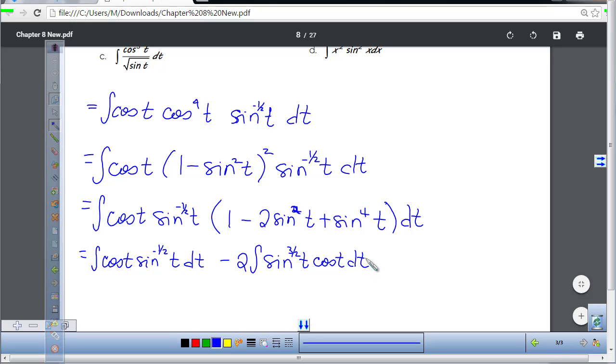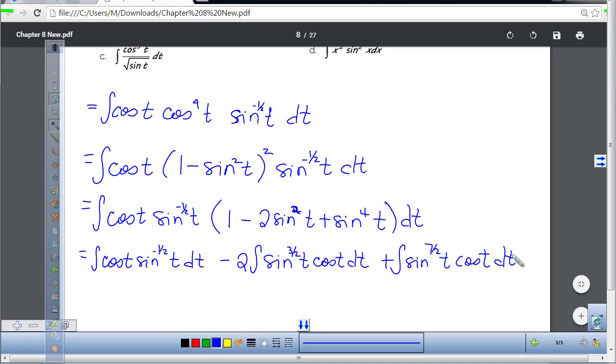All right. And then plus the integral of sine to the 7/2 t cosine t dt.